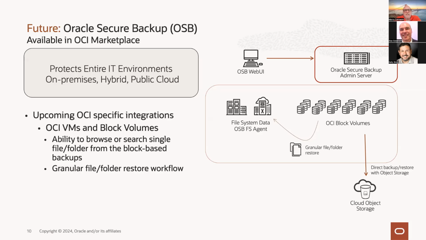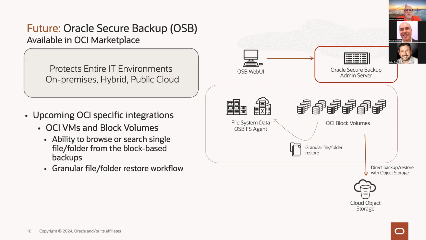It means that the thing that I described before when I talked about what options are there, you can schedule and manage block volume backups to object storage through the OCI console. These capabilities will be controlled by OSB, so that can be centrally orchestrated by OSB. That will call the block storage service, create a snapshot, send a snapshot to object storage, etc.